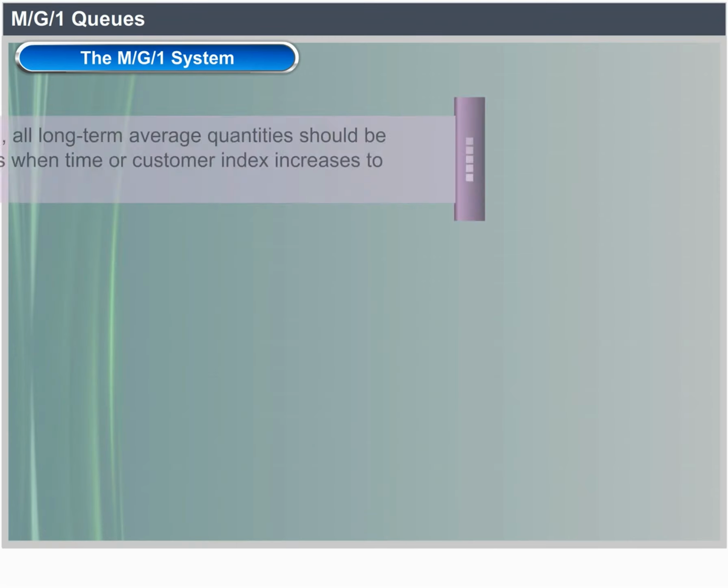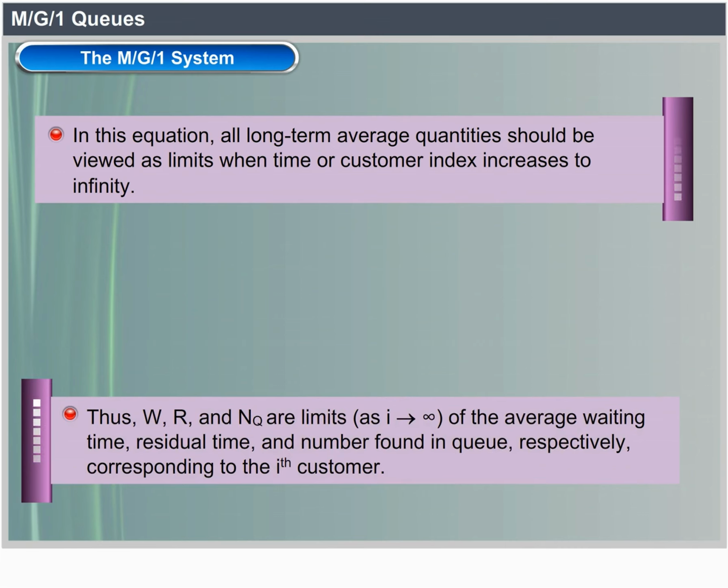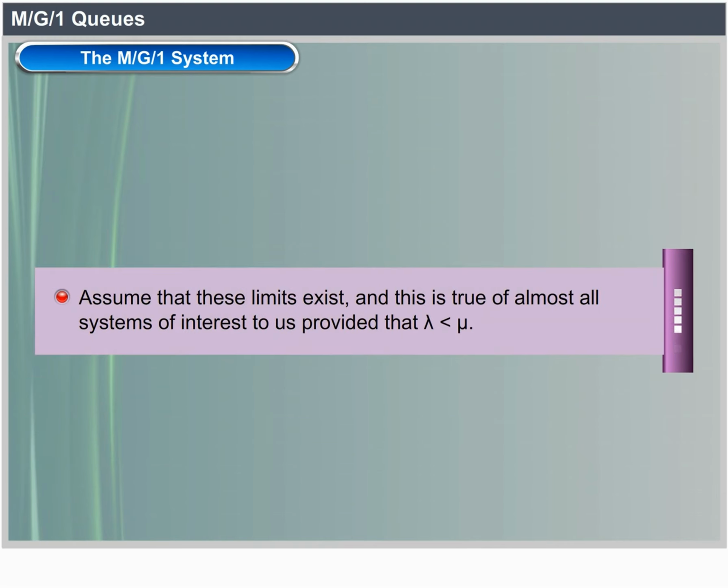In this equation, all long-term average quantities should be viewed as limits when time or customer index increases to infinity. Thus, W, R and NQ are limits as i tends to infinity of the average waiting time, residual time and number found in queue respectively, corresponding to the ith customer. Assume that these limits exist, and this is true of almost all systems of interest to us provided that lambda is less than mu.